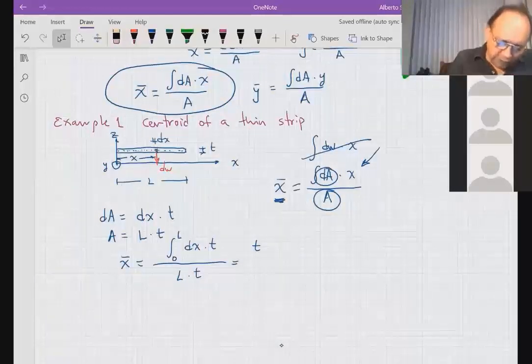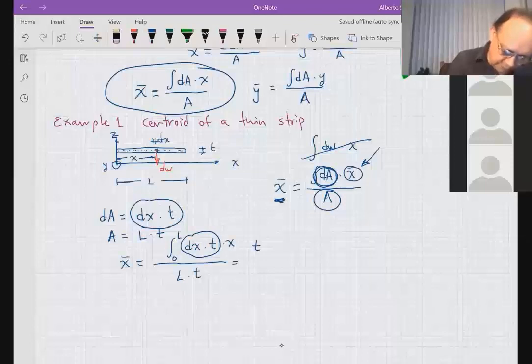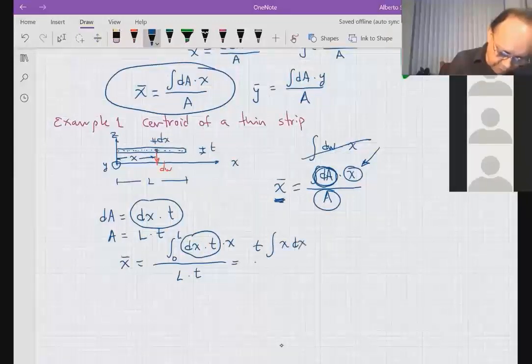Oh, sorry, I am missing x. dA is dx times t, and here dx times t and x, so I have to put x. So this is t times the integral of x dx divided by L t.